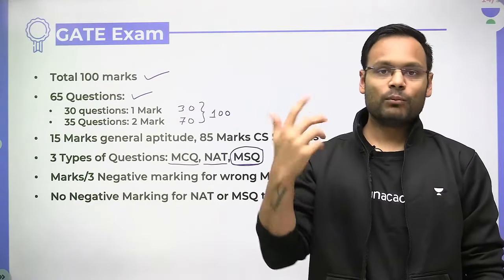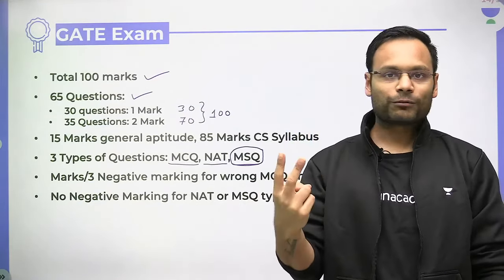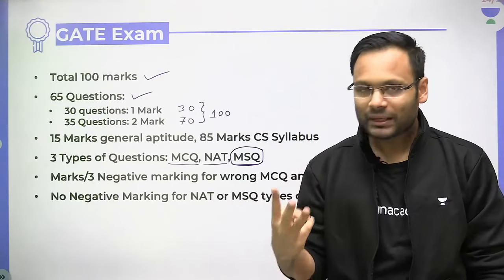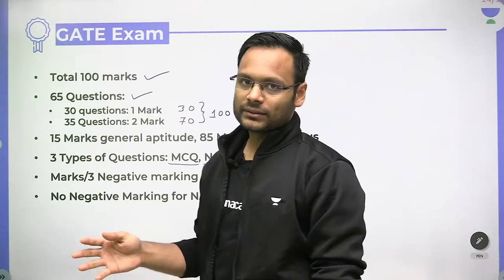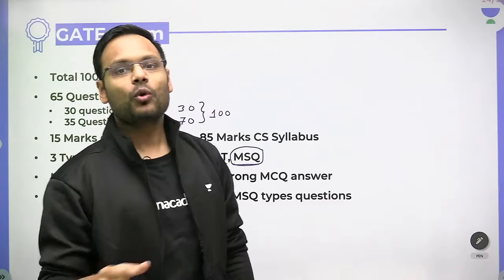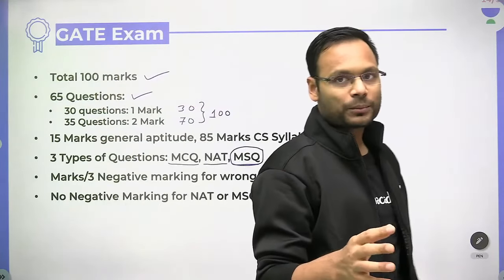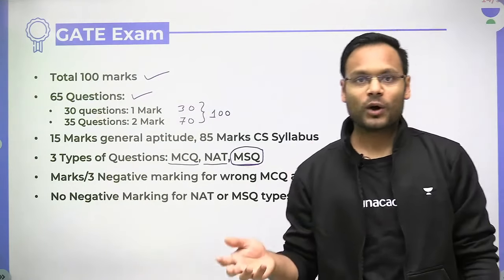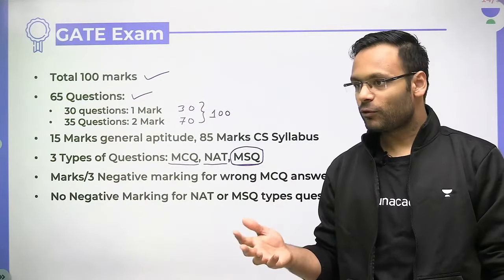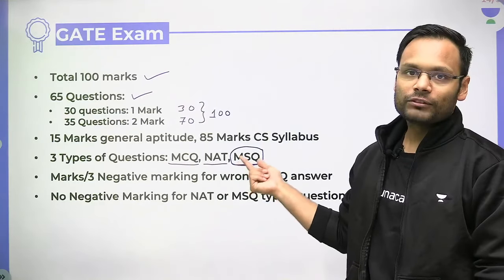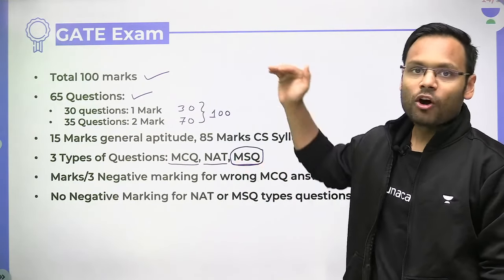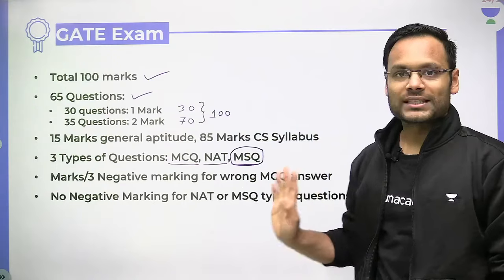Maybe one is correct, any 2 of them can be correct, any 3 can be correct, or all 4 can be correct. So there are so many possibilities, which 2 are correct, which 3, which 4, which one. That is why the difficulty level of the paper will be on the higher side if MSQ questions are there.